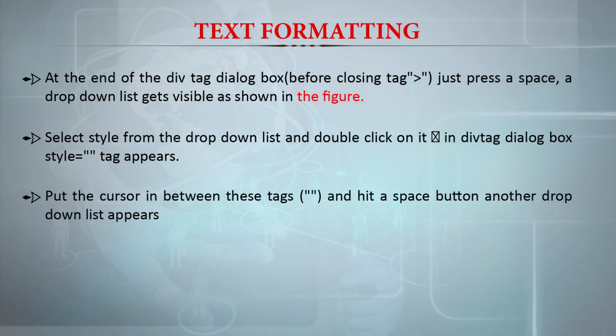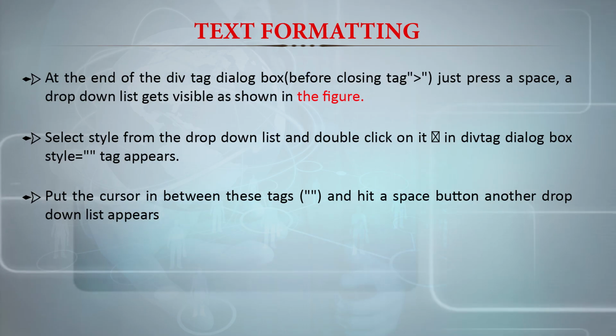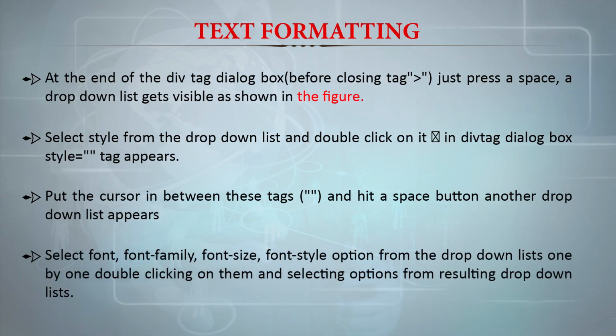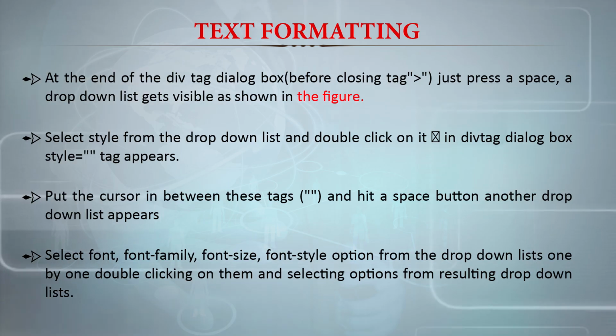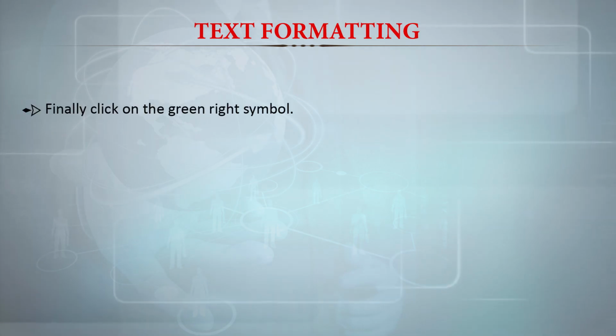Put the cursor in between these quotes and hit the space button and another drop down list appears. Select the font, font family, font size, font style option from the drop down lists one by one, double clicking on them and selecting the options from the resulting drop down lists, and finally click on the green right symbol.